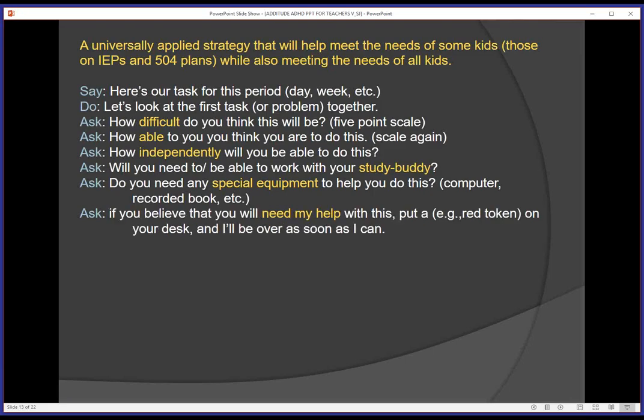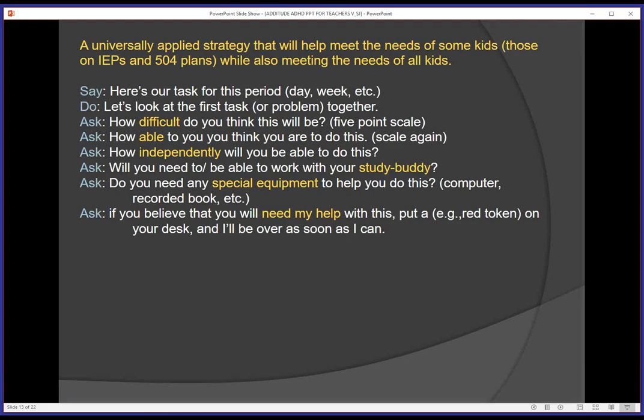You can also ask this: if you believe you'll need my help with this, let me know in a certain way. For little kids, you can say, put a red token on the desk. I'll be over as soon as I can. If you raise your hand, that's certainly one way of doing it. But let kids know that if they need your help, you'll get to them. You can use a 2-color system in this way. You can say, put a green token. All kids can have these in their desk if they're little kids.